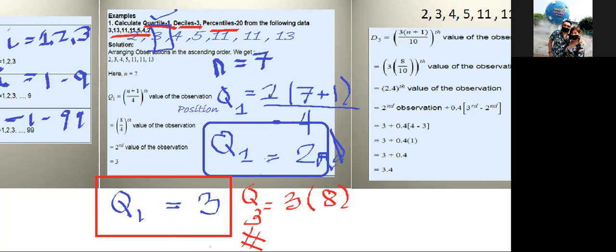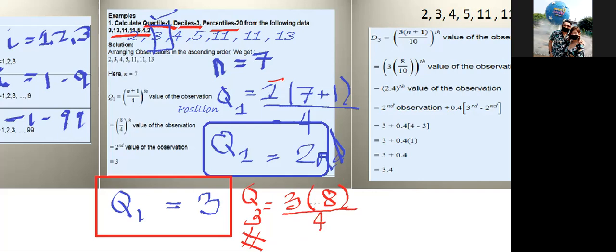So for the first quartile on the upper part, I have 1. When we want to find the third quartile, I have 3. The same with everything here.